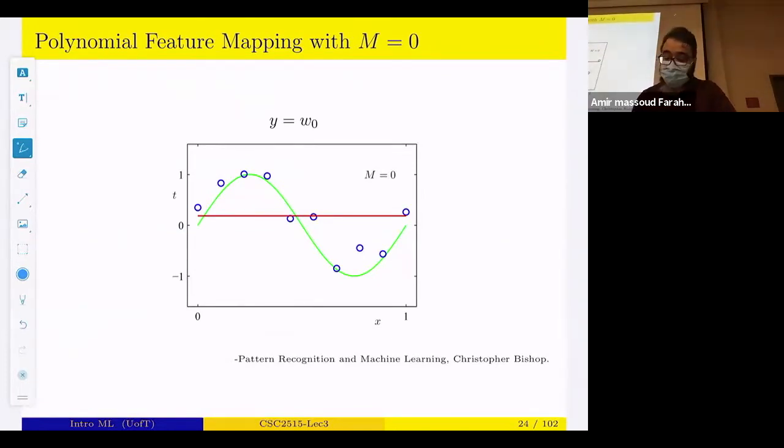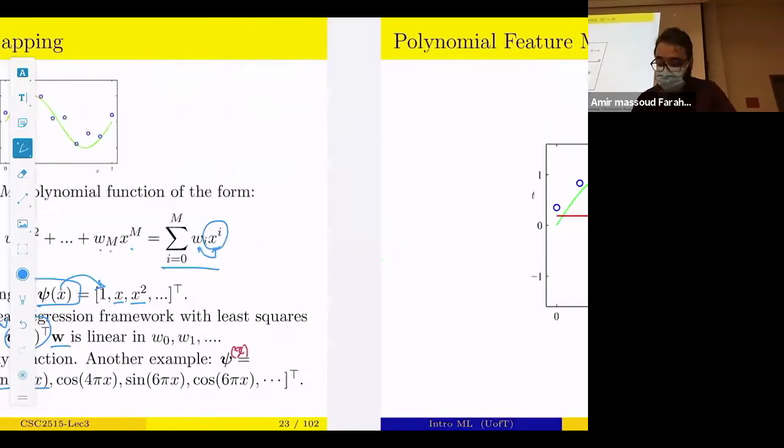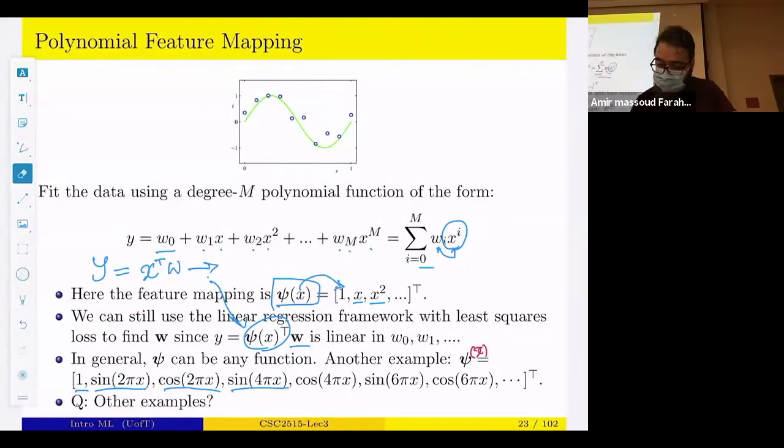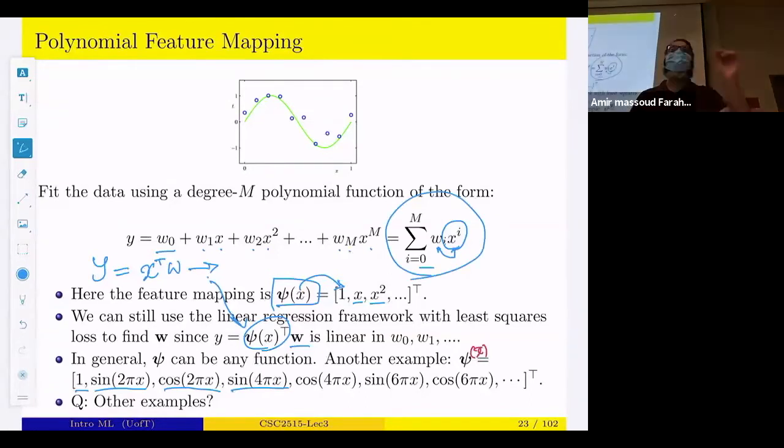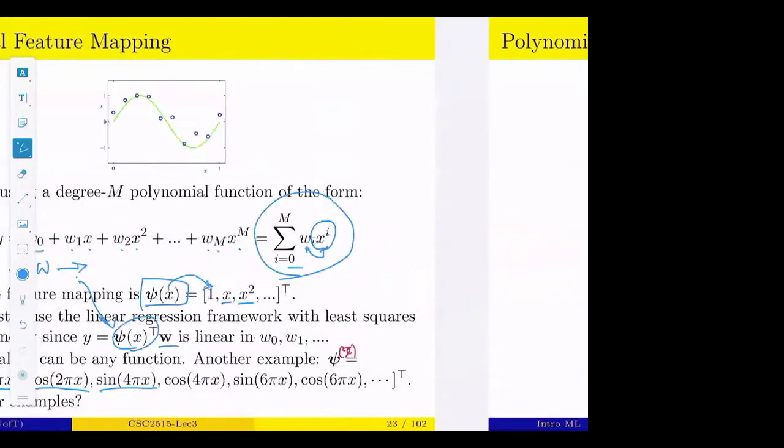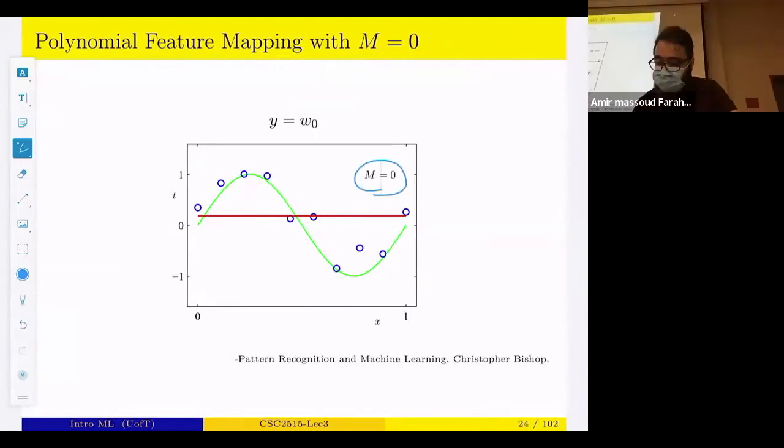If we choose our model like this one, and choose different values of m, which means different degrees of expansion of this polynomial: if m equals 0, the model is essentially y equals w0. The best fit for this data would be this red line, a flat line with no slope, just a bias.